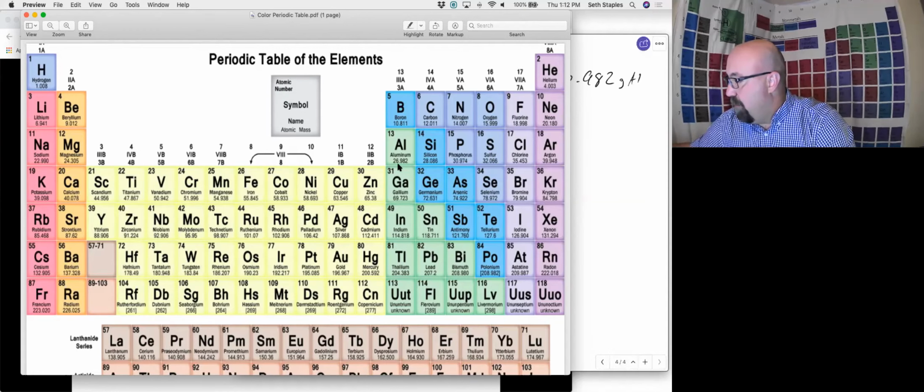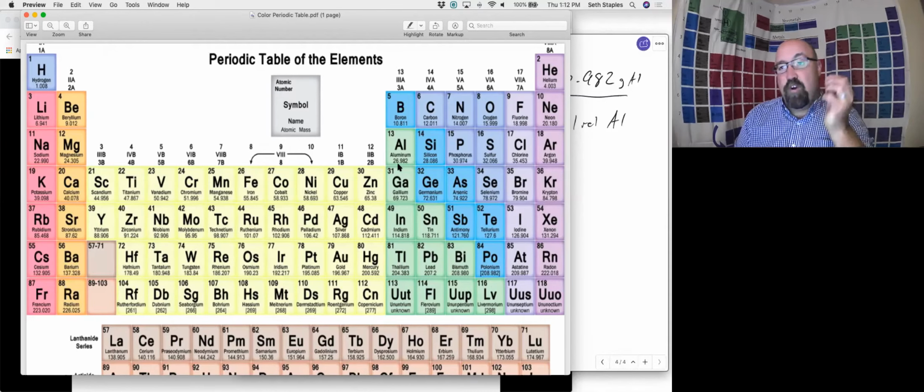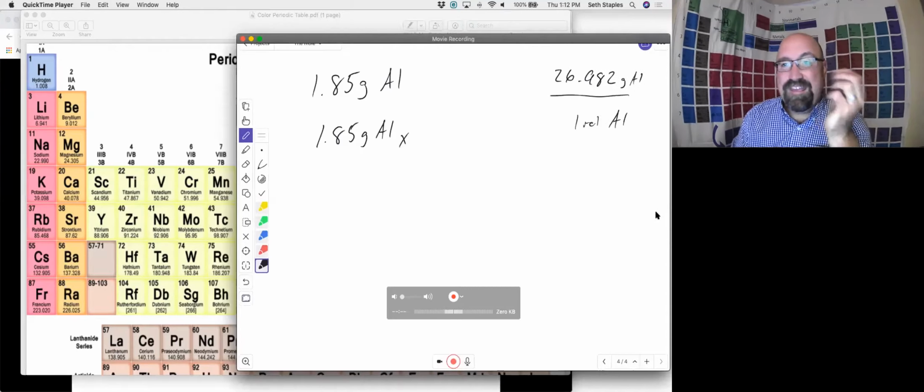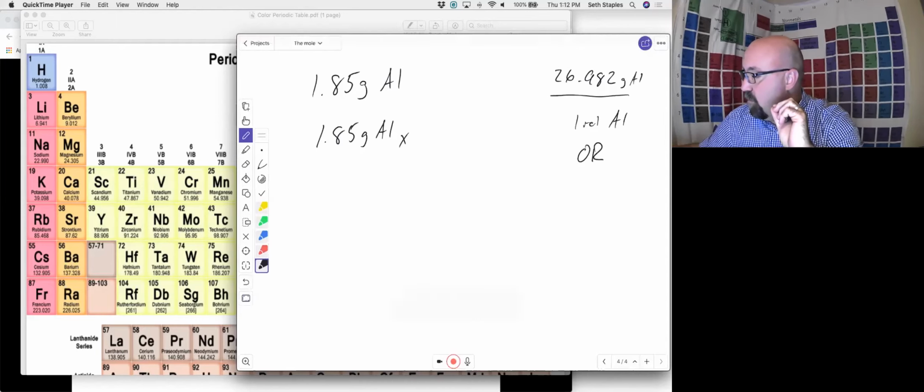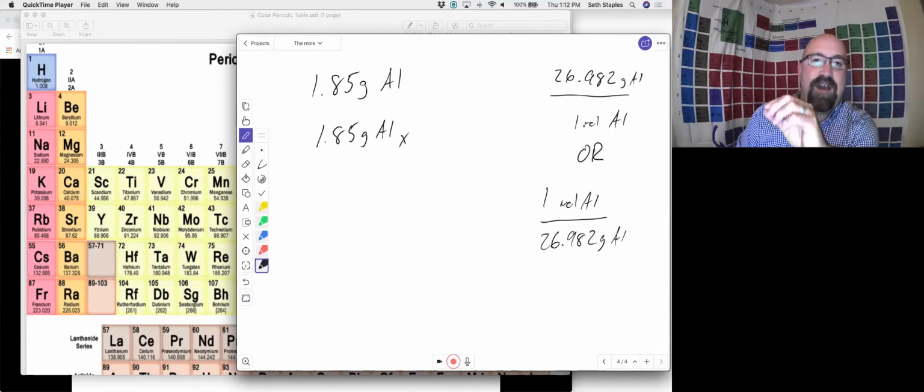There are that many grams of aluminum per 1 mole of aluminum. Now remember that conversion factors can be written either way. We can either write our conversion factor in this form, or there's no reason we can't write 1 mole of aluminum per 26.982 grams of aluminum.